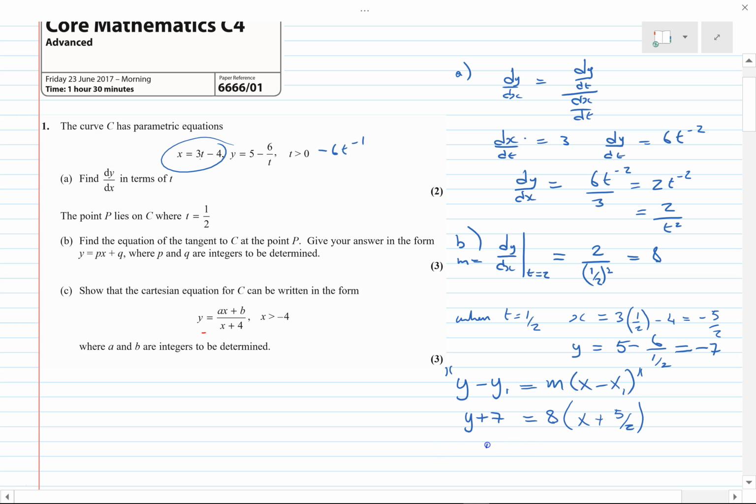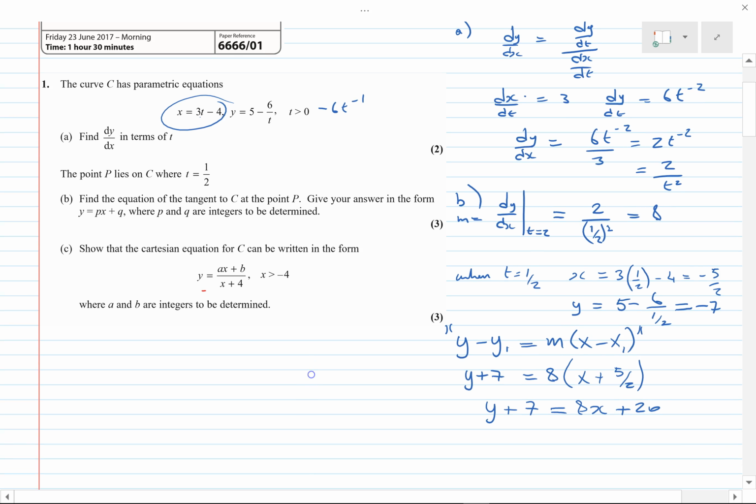So multiply out, we get y plus 7 is equal to 8x plus, 8 times 5 over 2 is the same as 4 times 5, which is 20. So our final answer is y equals 8x plus 13.